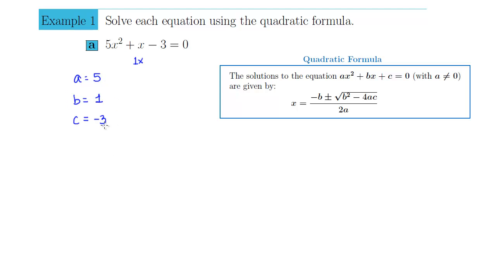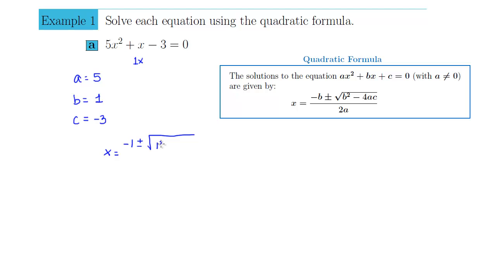We now place these values into our quadratic formula. So here we go. X equals negative b. Well, in place of b, we're putting the value 1. So that means we have negative 1 plus or minus the square root of b squared. Again, in place of b, we're putting 1.